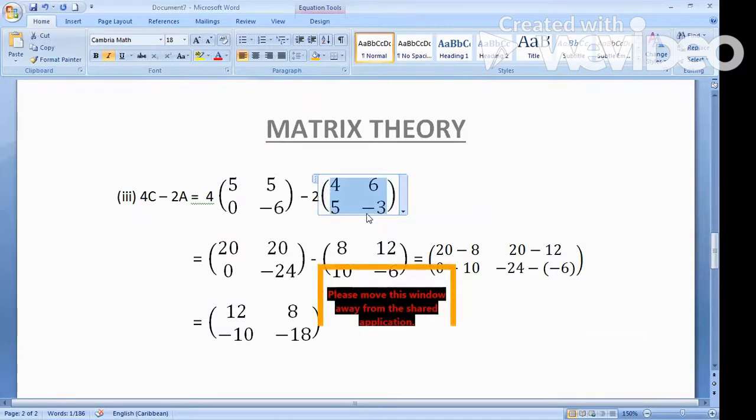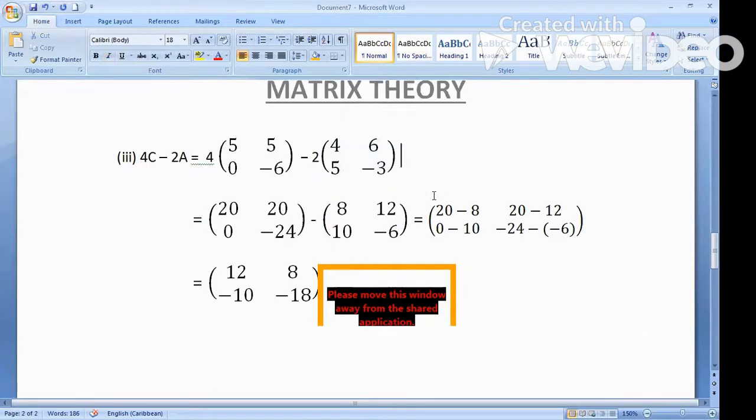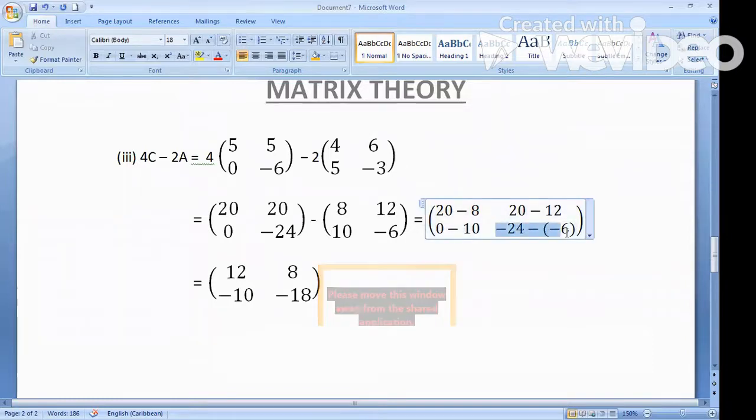I understand the 4C minus the 2A part, but after you get the answer 20, 20, 0, negative 24, I see you're taking out. Down here, sir? Yes.